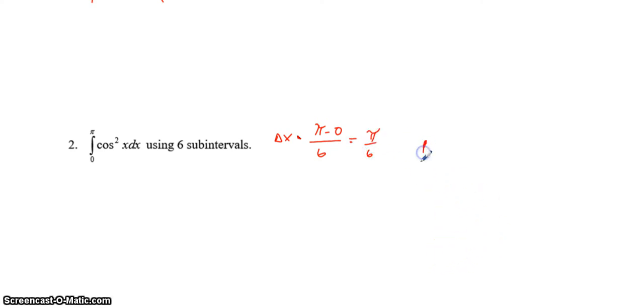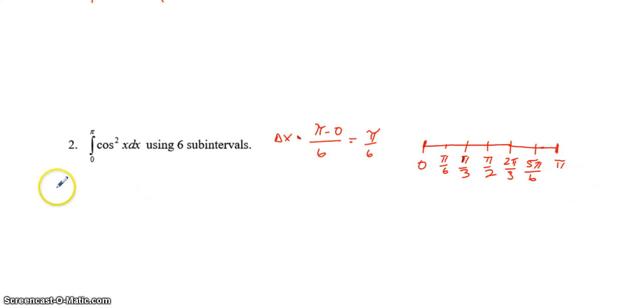So start at 0, because that's where we start. 1 pi over 6, 2 pi over 6, 3 pi over 6, 4 pi over 6, 5 pi over 6, and then our 6th one should be where we end. Look, it is. Woohoo! Again, we could use the rule.